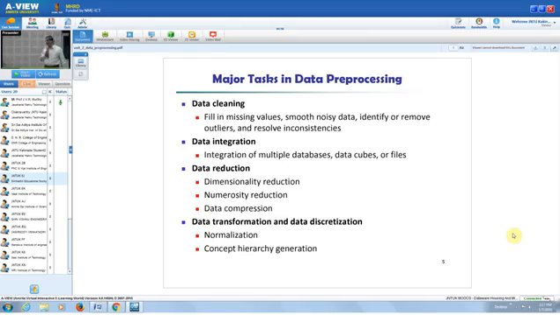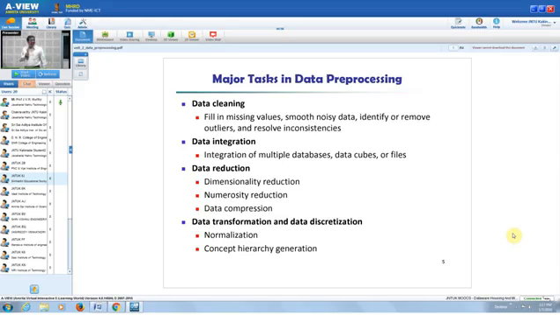Data integration, as I told you before, means that you will have data from multiple sources, so you need to come onto a common platform. You have to integrate from multiple databases, which is one aspect. Your ETL process also helps there to some extent.